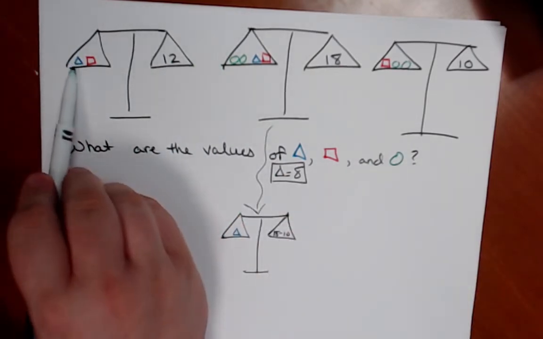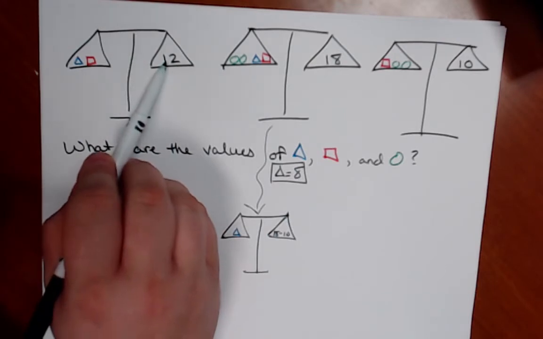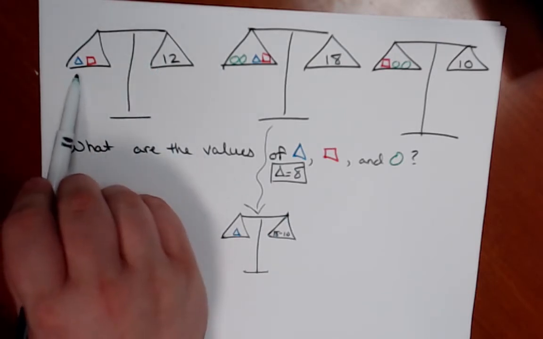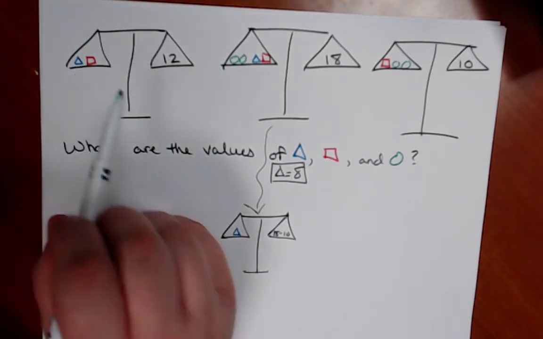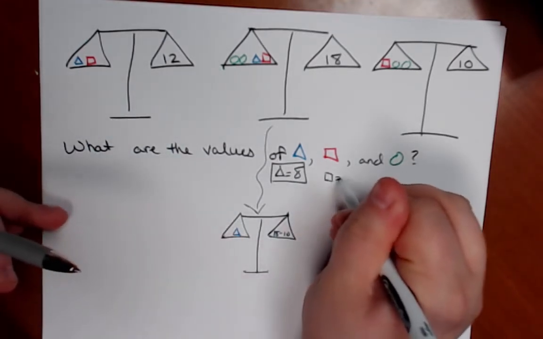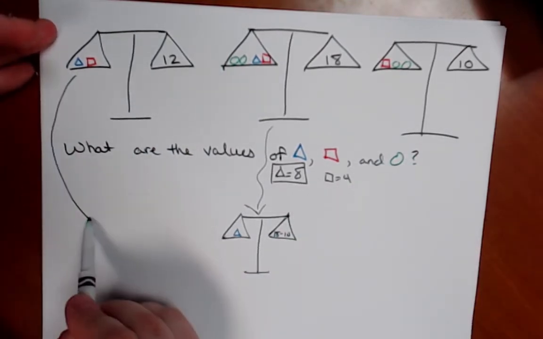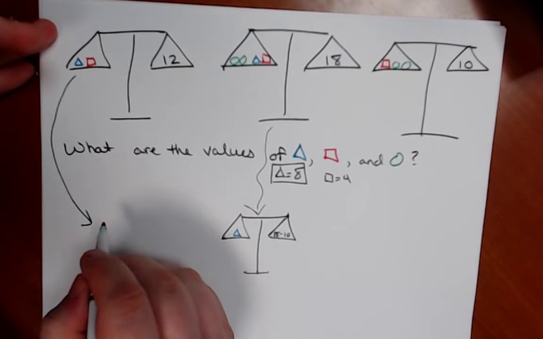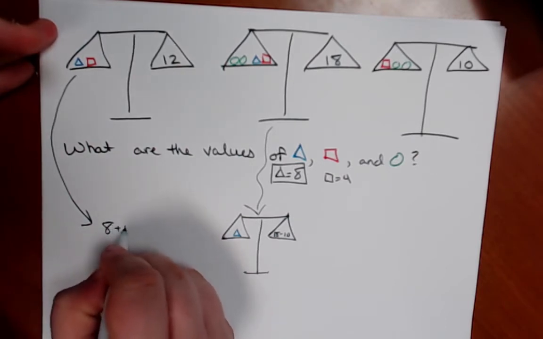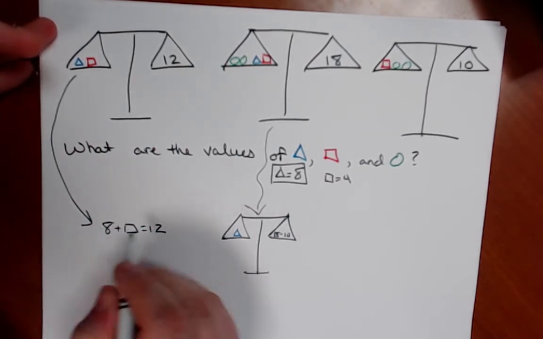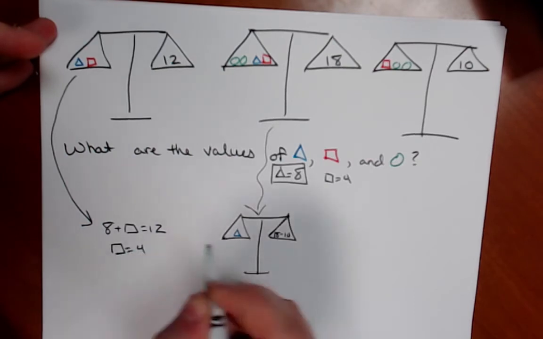Well, if triangle equals 8, and 8 plus square is 12, what do we know square has to be? Well, square has to be 4, because, I'll write this way, 8 plus square equals 12, so square equals 4.